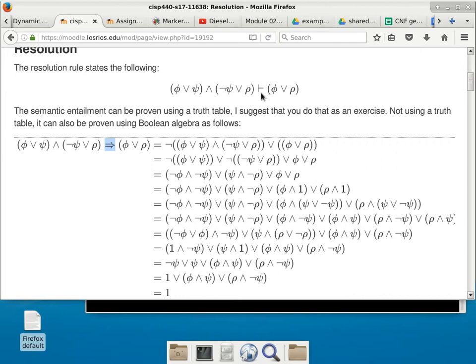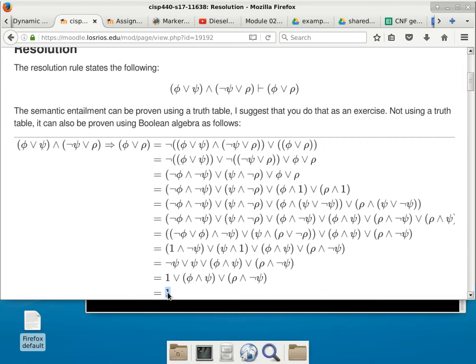But the proof has to finish as true. Because if the proof does not end up with true like this, instead if it's some kind of non-true well-formed formula, it's still not working. It would be incomplete, right? It will be incomplete, correct. So it has to be true if you want to establish semantic entailment.